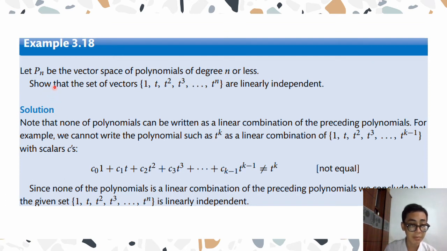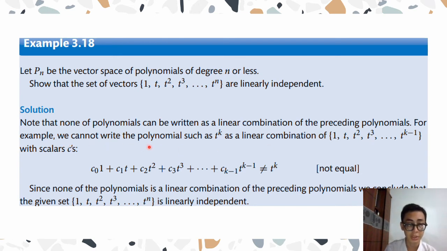This is the example. Let Pn be the vector space of polynomials of degree n or less. Solution: note that one of the polynomials can be written as a linear combination of the preceding polynomials.